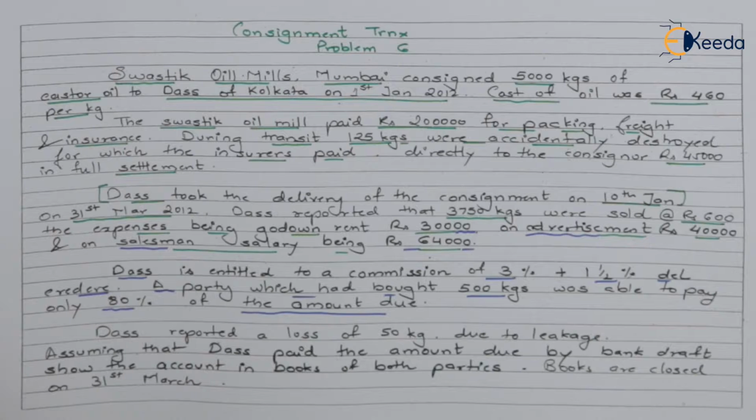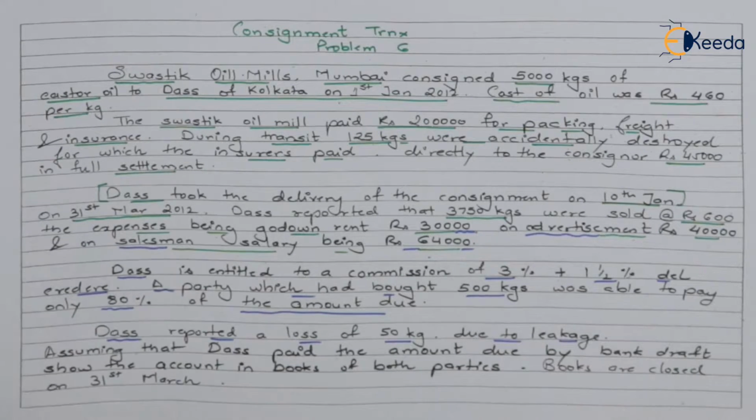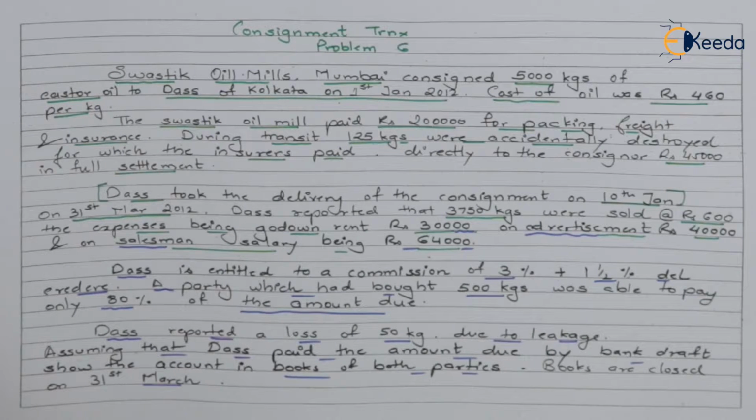That means the remaining 20% is bad debts, and hence that will be borne by the consignee and not the consignor, because there is a del credere commission in the question here. Das Brothers also reported a loss of 50 kilos due to leakage. It is assumed that whatever balance has been left has been paid via bank draft.